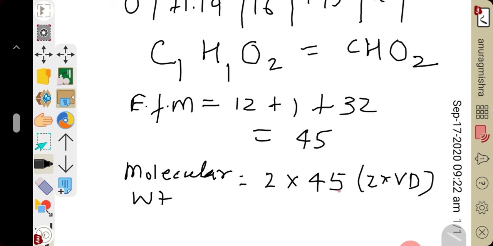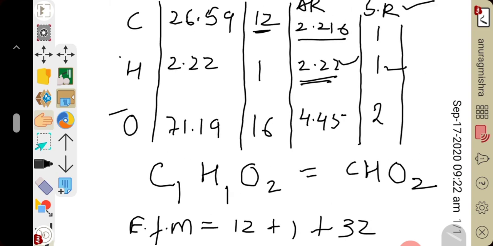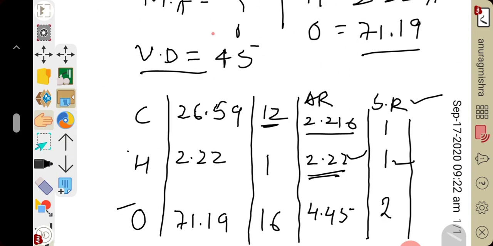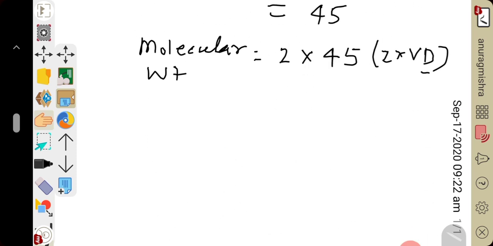So 2 into 45, because VD given in the numerical is 45. So molecular weight is equal to 90. Now find the value of n.